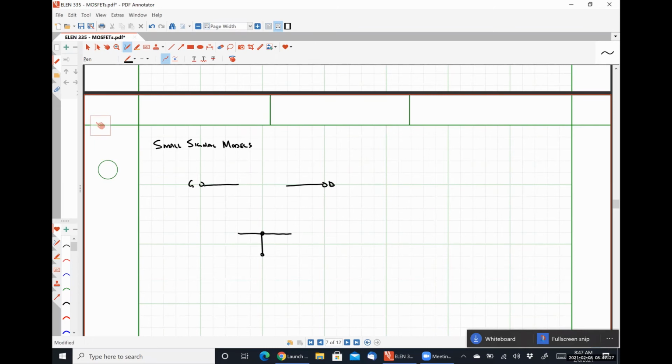Between the drain and the source for the small signal model, or between the emitter and the collector for a small signal model of a BJT, let's start there. What did we have?